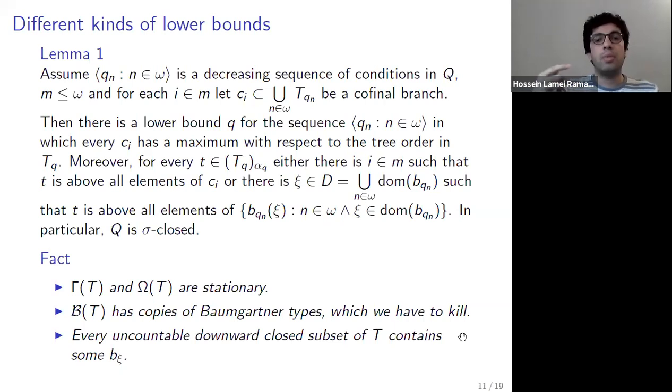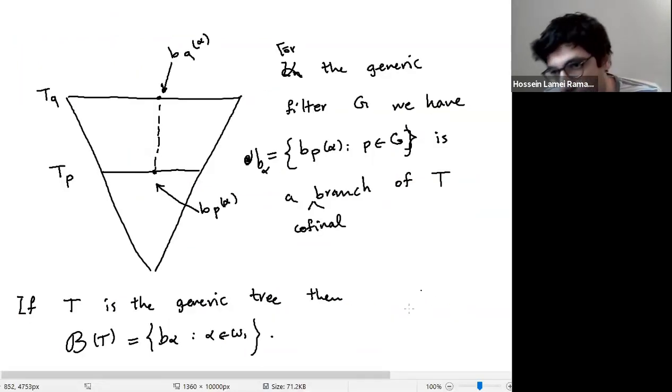Whenever we're given some countable decreasing sequence, we're interested in different kinds of lower bounds. Assume that Qn is a decreasing sequence of conditions in Q, and M is either a natural number or it's omega. And for every element of M, we're going to have some branch of the union of TQn. So we have a sequence like this.